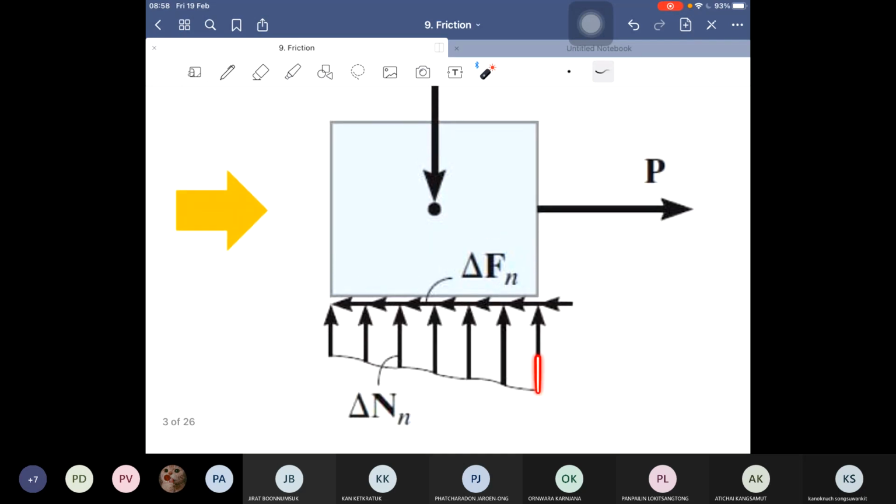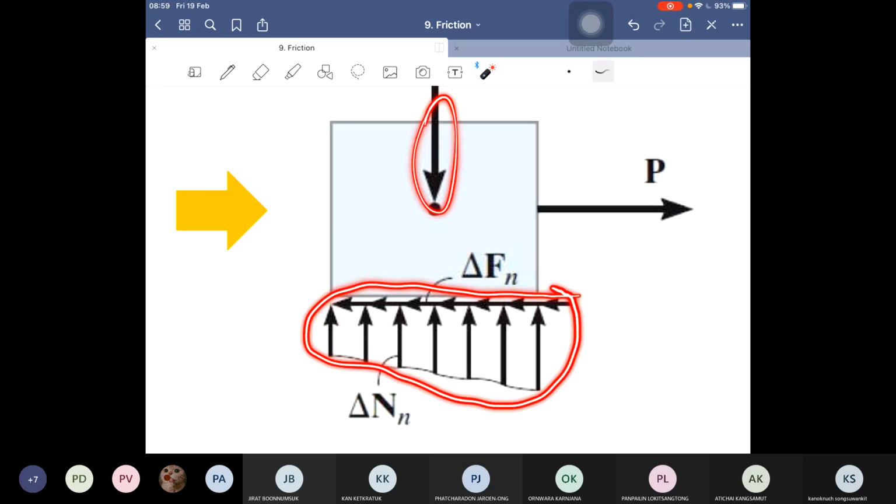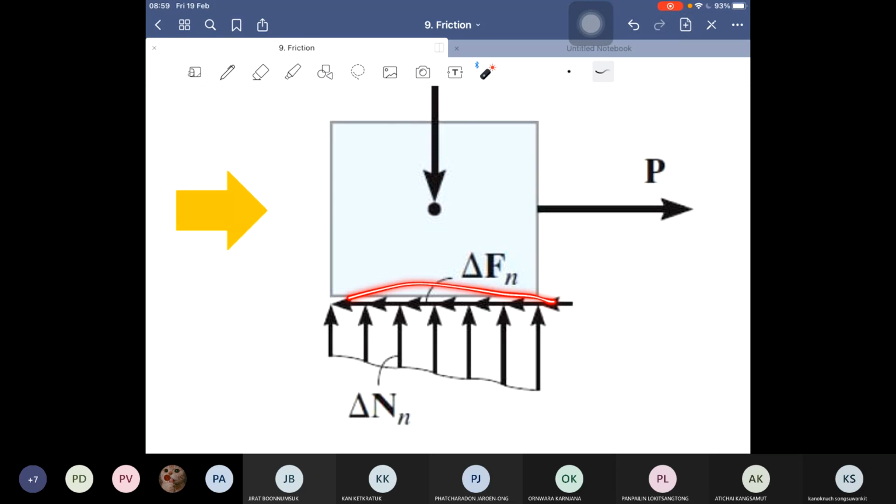The normal force varies: the further the area is, the smaller the normal force becomes. So we have a system of normal force, like the weight, and it can be reduced into one resultant normal force, NR.